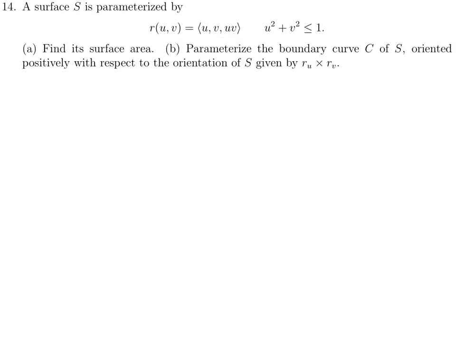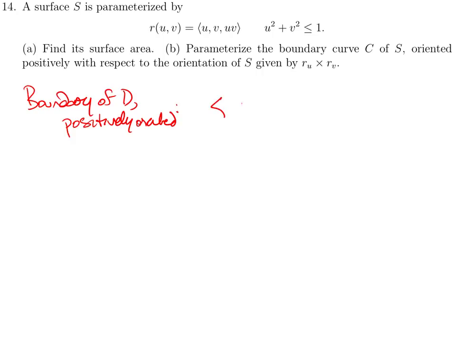Okay, so let's now think about this. So the boundary of the parameter domain, positively oriented, is just a circle. So it's just cosine theta, sine theta, where theta goes from 0 to 2 pi.